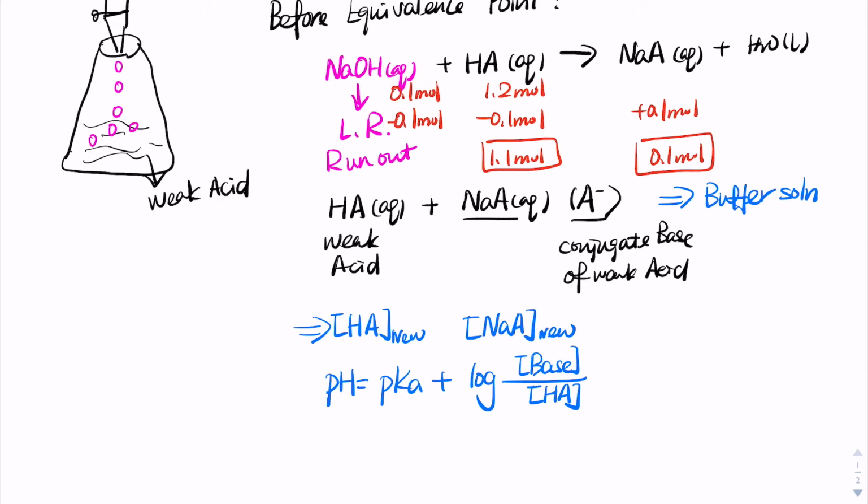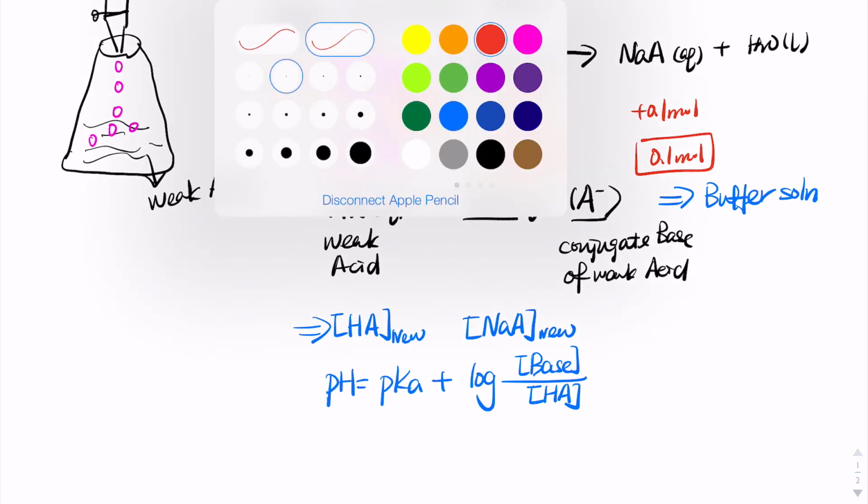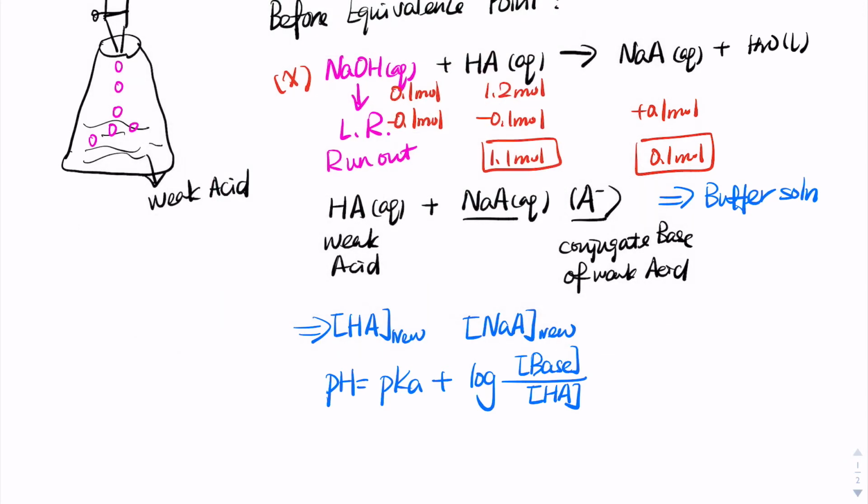So you can just use whatever x you added. Just say the base you add is x, and the original acid is y. Then if you plug it in, the moles of acid at the end will be y minus the x you added, because of the 1 to 1 to 1 ratio. And the moles of the salt you produce will be x, and the salt is your base.